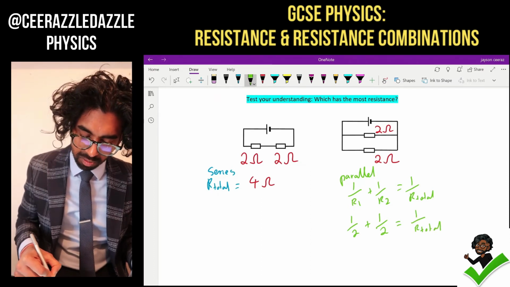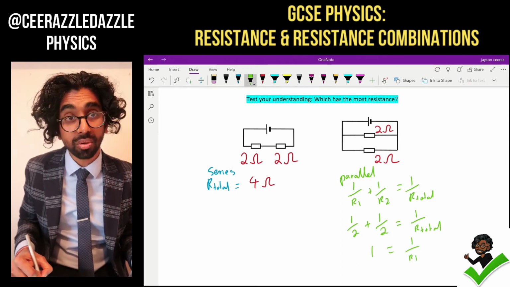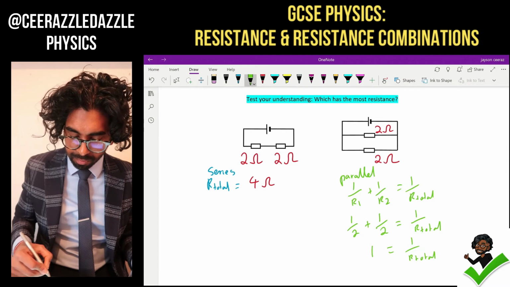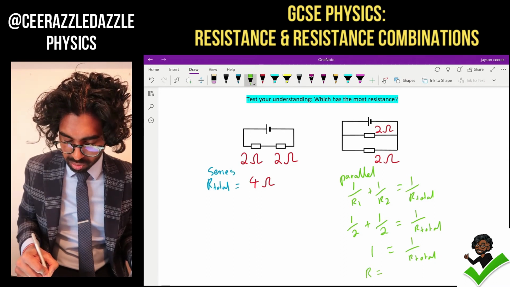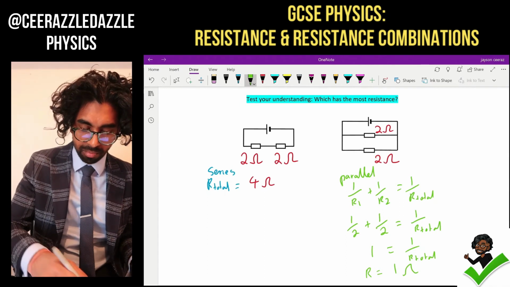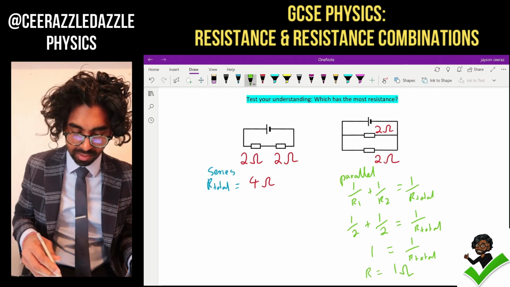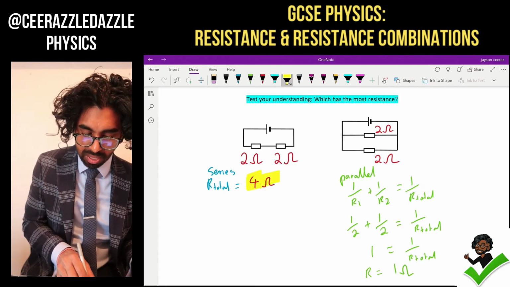Now it's going to be half plus a half is 1, therefore 1 is equal to 1 over R total. Flip the fraction, we know that resistance is equal to 1 ohm. Oh, that's a horrendous omega sign. 1 ohm here.